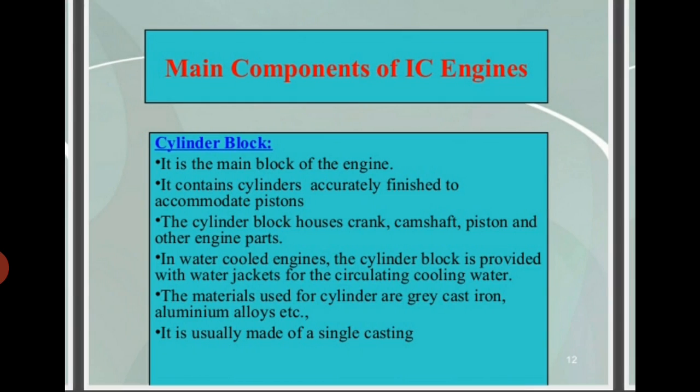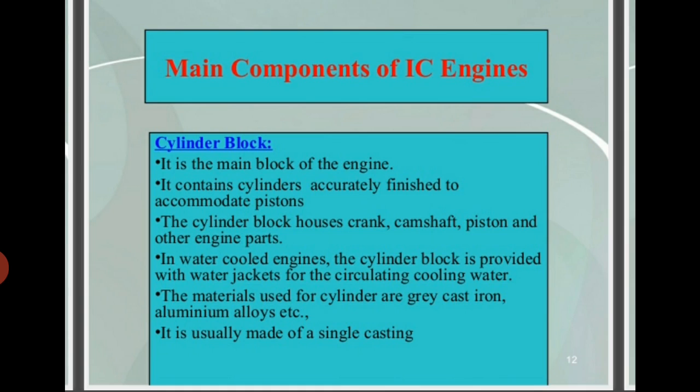Now, major component that is used in the heat engine, that is cylinder block. It is the main block of the engine. It contains cylinder accurately finished to accommodate piston. The cylinder block houses crank, camshaft, piston, and other engine parts.